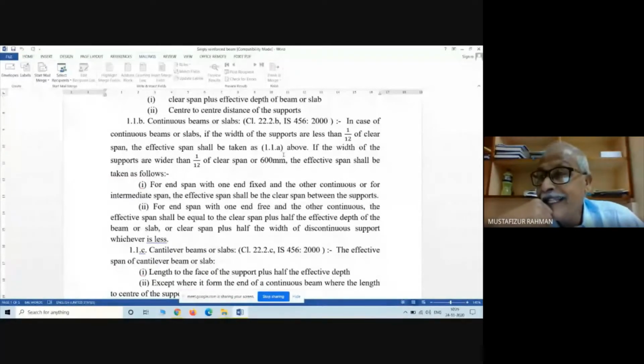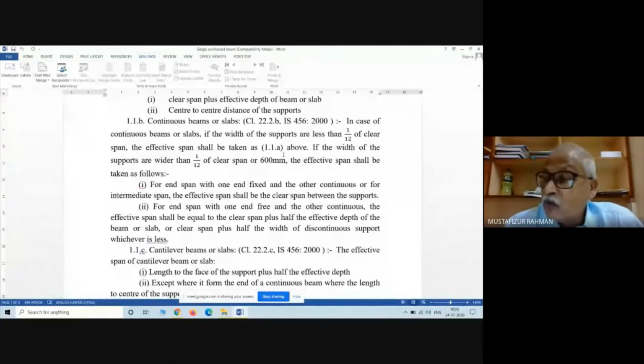In the first condition, the effective span is clear span plus effective depth of the beam, or clear span plus effective depth of the slab if it is a slab, or center to center.